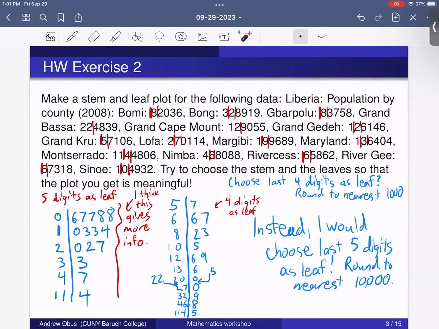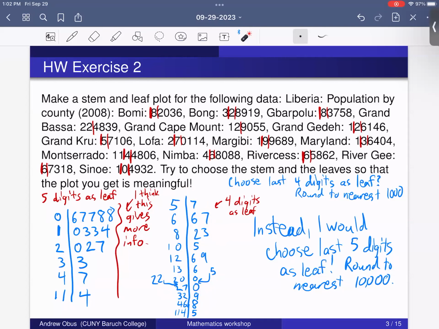And then I would say you wouldn't want to do 6 digits, because if you did 6 digits as your leaf, then basically everything would get compressed into one category except for Montserrato. Everything would be a 0 and Montserrato would be a 1. And that's maybe not so meaningful either. So I think this 5 digits is the sweet spot. It's the middle in between not compressing enough, which is what you do with 4 digits, and compressing too much, which is what would happen with 6 digits.